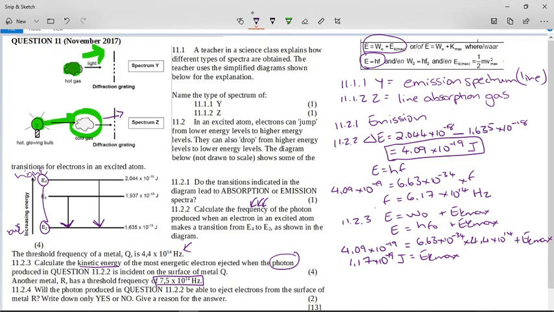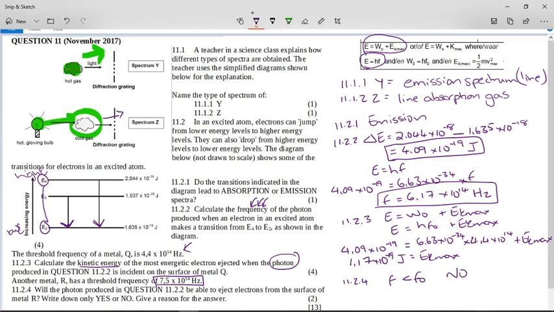But this frequency that we found previously was 6,17 times 10 to the 14. So is this frequency more or less than the threshold frequency? This frequency is less. Okay, so the frequency is less than the threshold frequency.